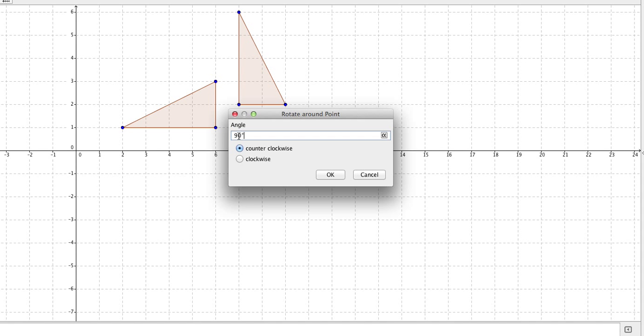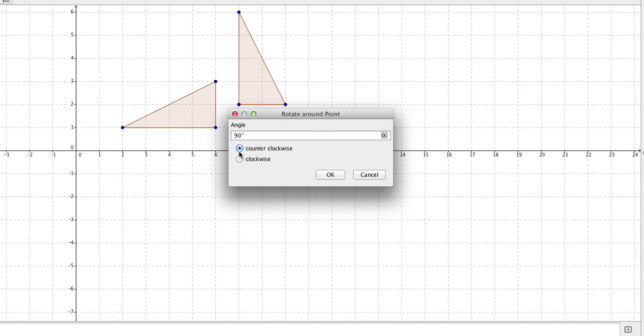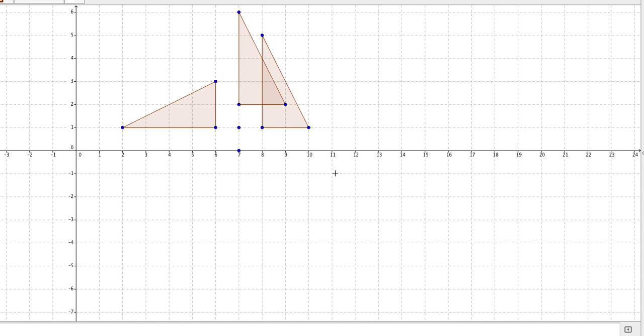Okay, it works there. Get that point of rotation right there, and we enter 90 degrees clockwise. There you go. So we moved it 90 degrees, and that's how you rotated that triangle.